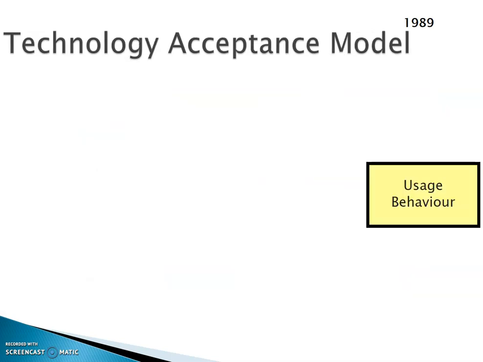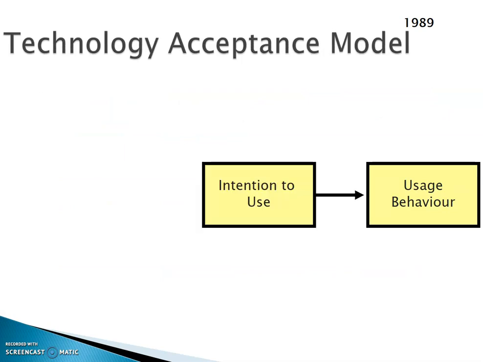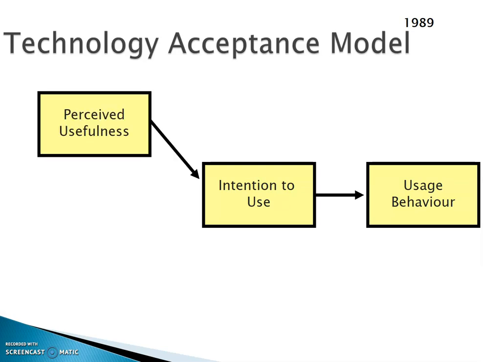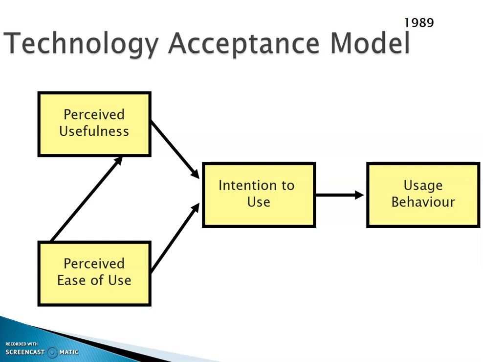So the TAM in total is that how people use a new technology is based on their intention to use the new technology, and that is in turn based on, as we said, the perceived usefulness, how useful they think this will be for their career, and the perceived ease of use.